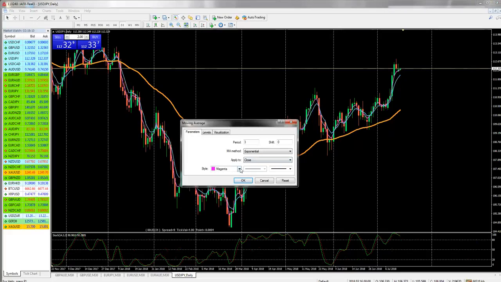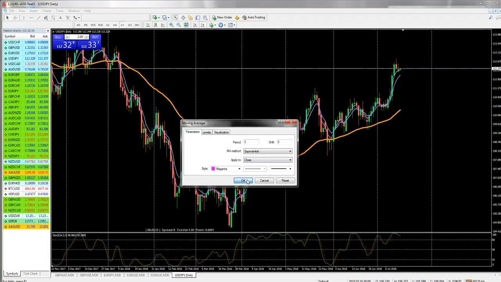I have this one set to pink, magenta. You want the thickness kind of thick, but you want the 50 MA thicker. I have the 50 MA on the third thickness and my 3 MA on the second thickness. You don't need the levels.